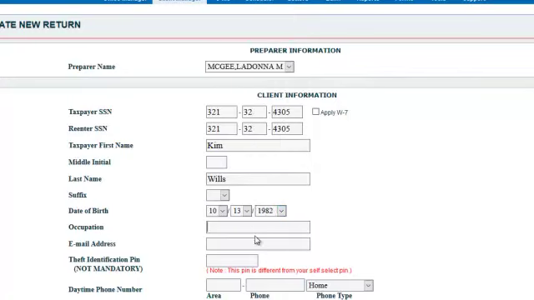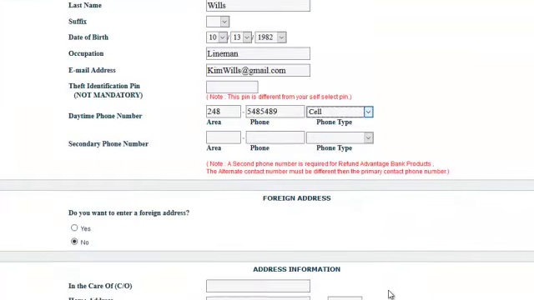Okay, occupation. Email. Telephone. And we're going to say this is her cell phone, which is sufficient.